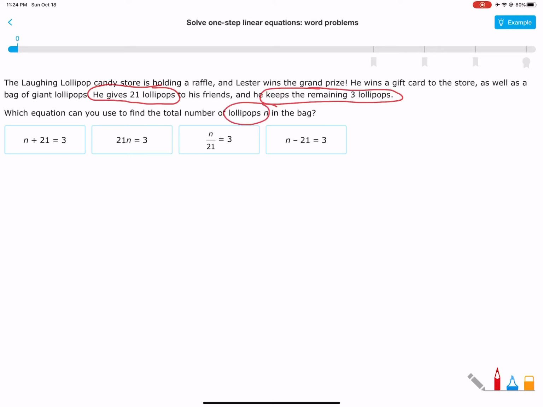Okay? And so we could say that if he has this many lollipops, he gives this many away, he subtracts them, and he's left with 3.